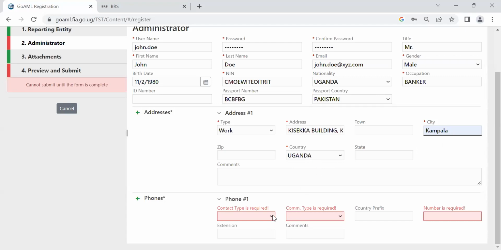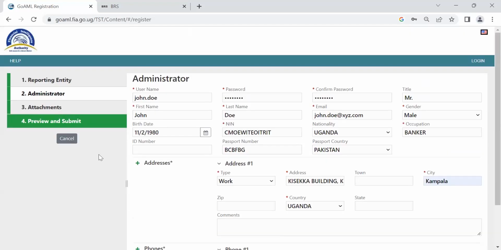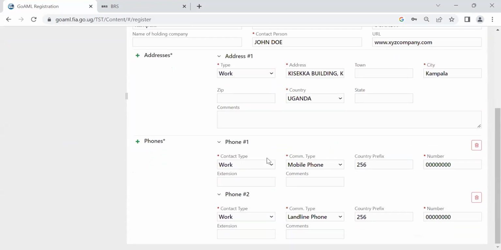And then the phone number. So everything should be green here at this stage. So we have captured the company details.